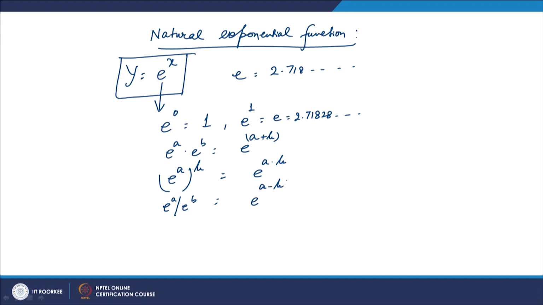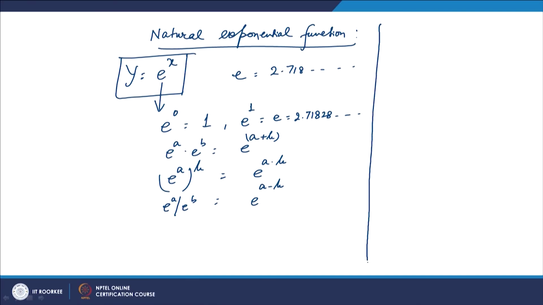So these are the typical laws of the exponents which are used in the case of these natural exponential functions, or in fact the exponential functions. Now we will deal with certain other mathematical terms, and one of the terms is the scientific notations.